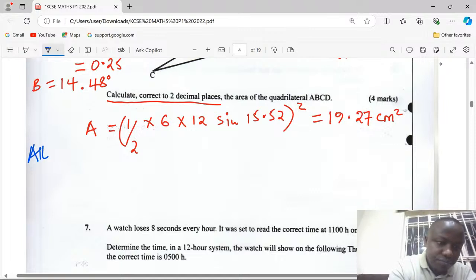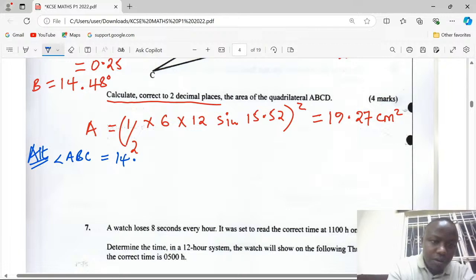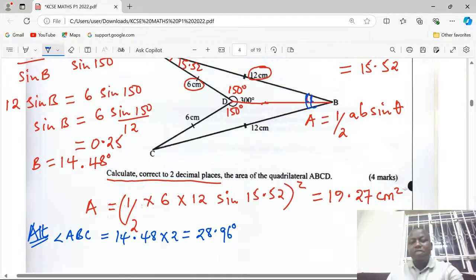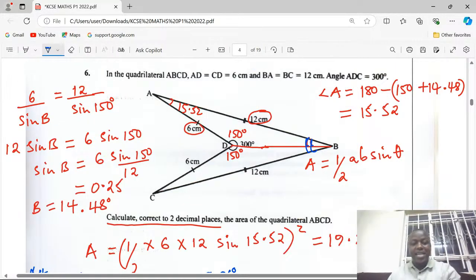Alternatively, angle ABC will be 14.48 by 2. This gives us 28.96 degrees. Now with that angle, we can treat ABC again as a triangle.